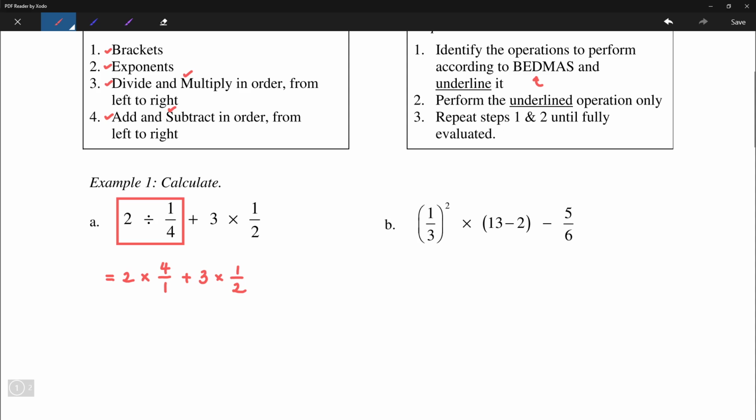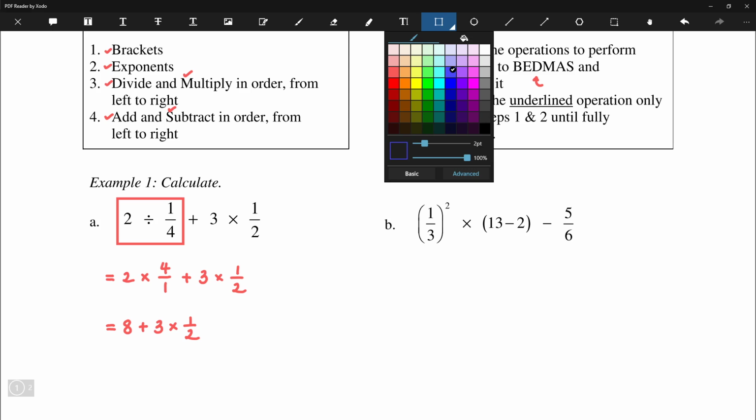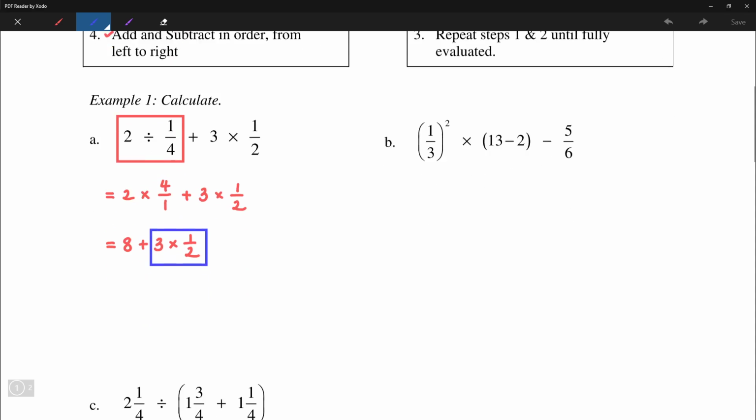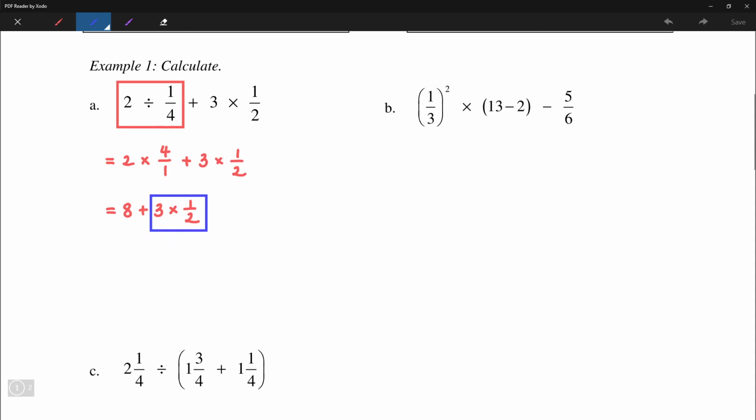Okay, so in this case, 2 times 4, of course, is 8. So we're left with 8 plus 3 times 1/2. So next operation to be completed is, of course, 3 times 1/2, which, of course, is 3/2.